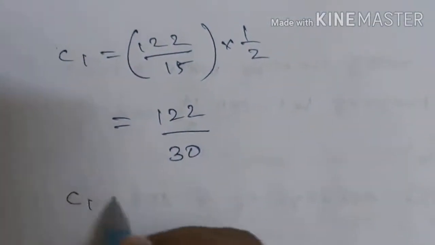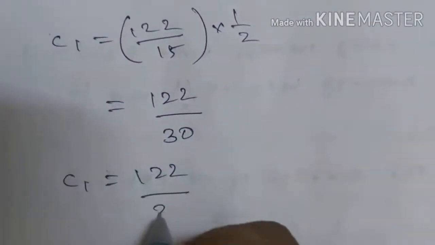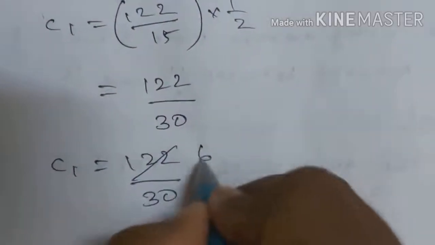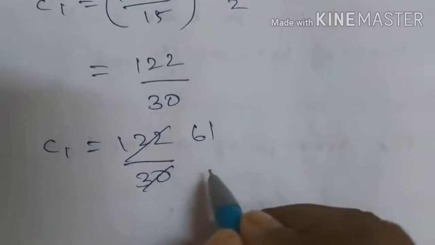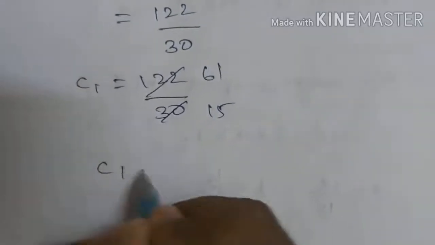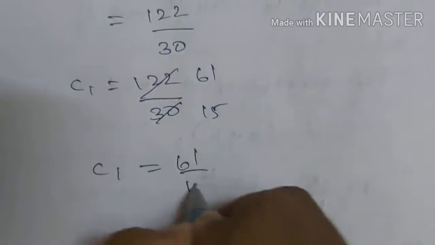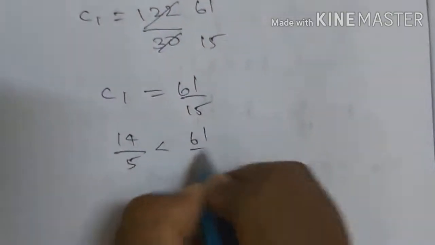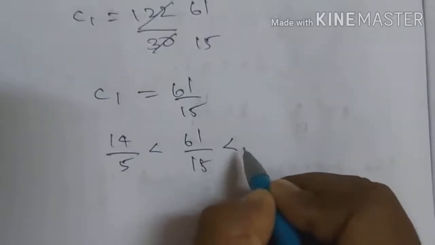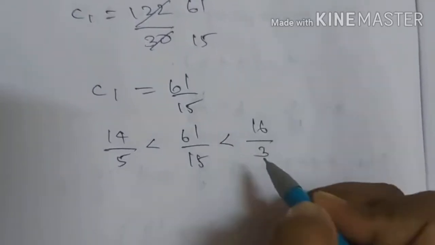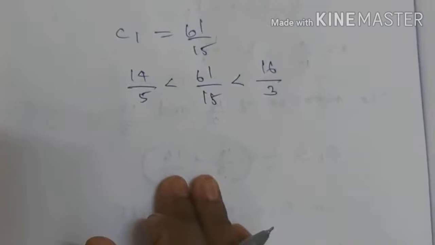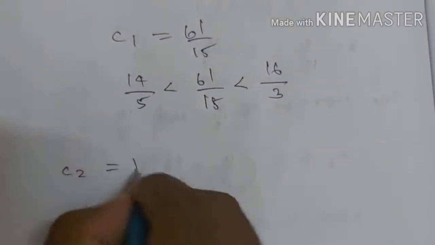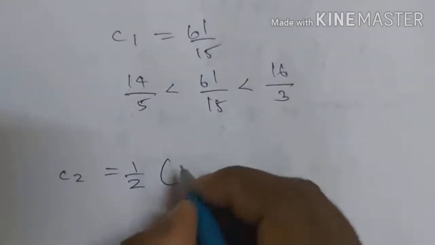So the C1 value equals 61/15. So 14/5 is less than 61/15, which is less than 16/3. So C1 equals 61/15.